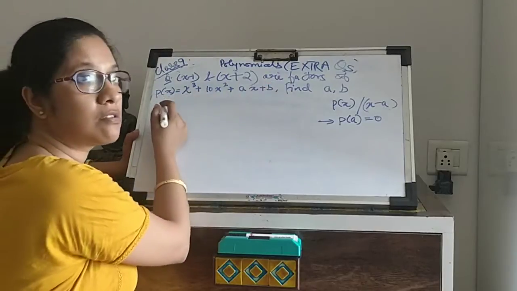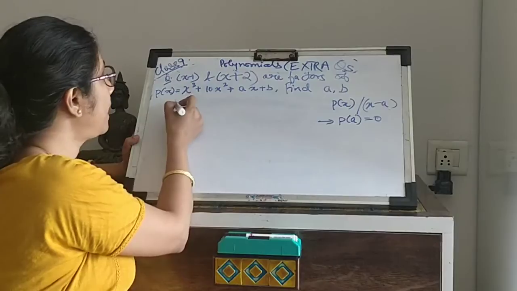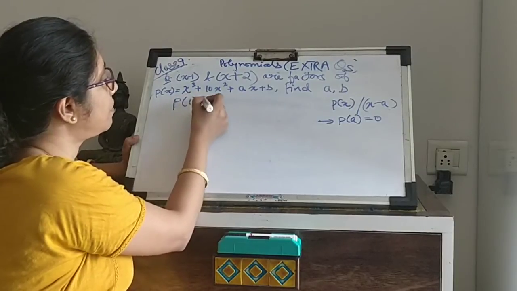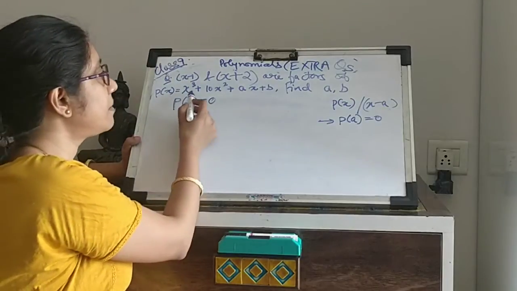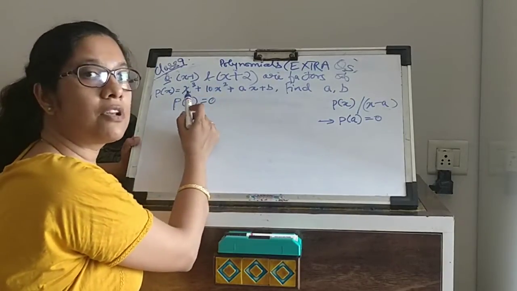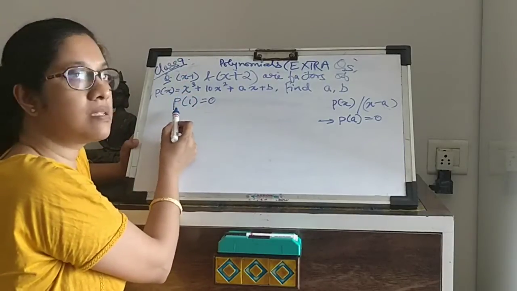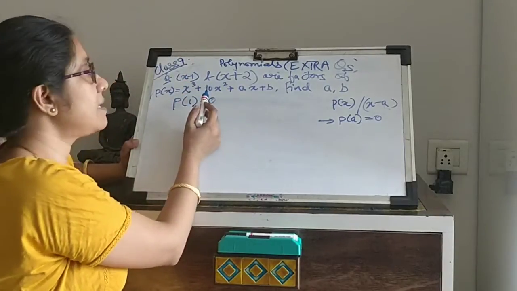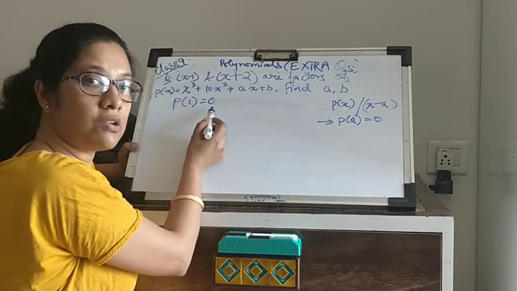As per factor theorem, since x minus 1 is a factor of px, my p1 should be 0. Right? Because p1 is the remainder that I get when I divide the polynomial px by x minus 1. Remainder theorem says that p1 is the remainder. Factor theorem says that if this is a factor, my remainder should be 0, which is p1 is 0.